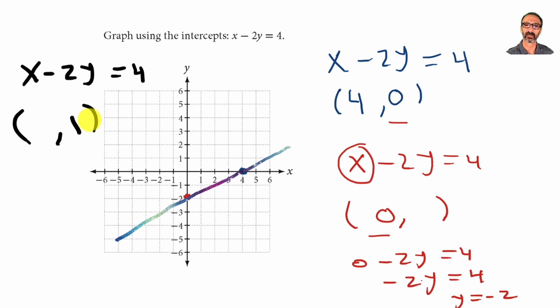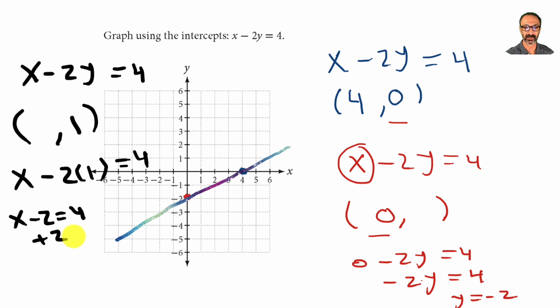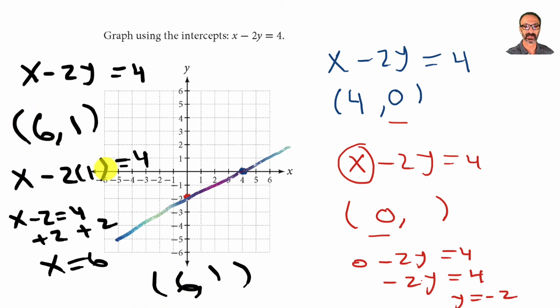It takes a few seconds to think about a number, but you could try anything you want. If y equals 1, I have x minus 2 times 1 equals 4, which means x minus 2 equals 4. Add 2 to both sides, and I get x equals 6. So my ordered pair is (6, 1). You go right 6 and up 1, which is right there. Okay? I think that should do it.